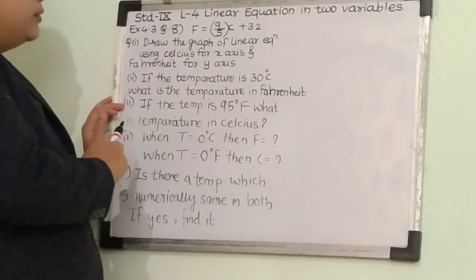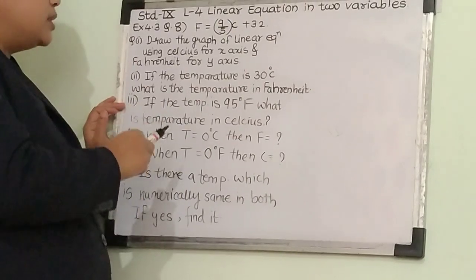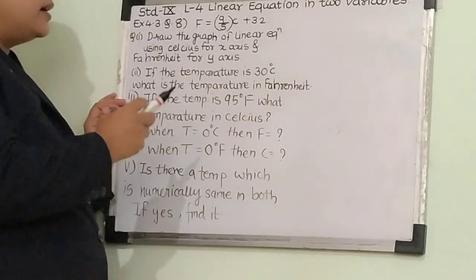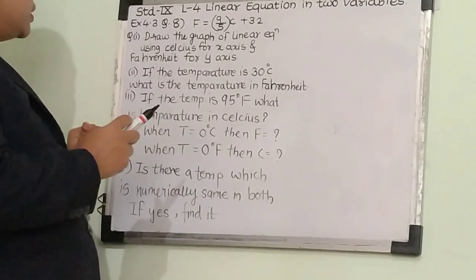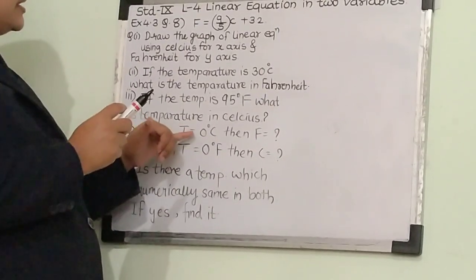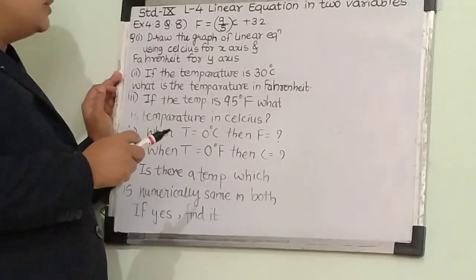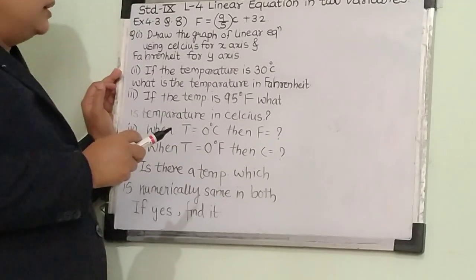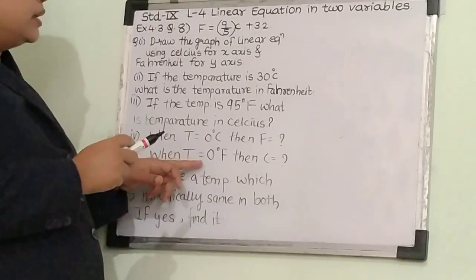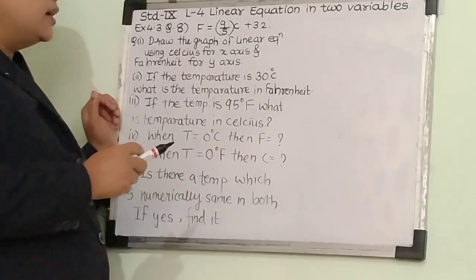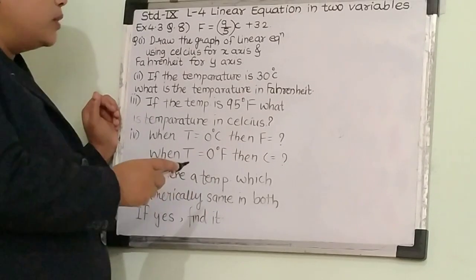Third question: if the temperature is 95 degrees Fahrenheit, then we have to find the temperature in Celsius, how much it is.